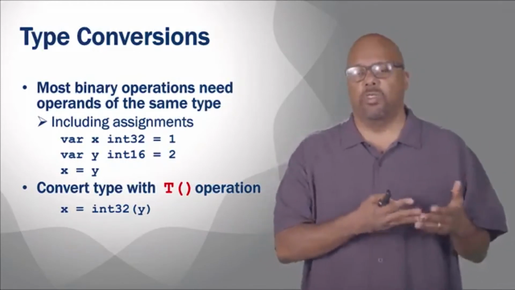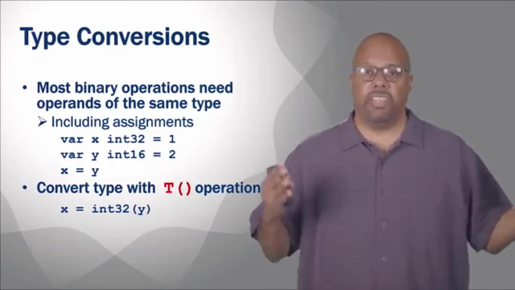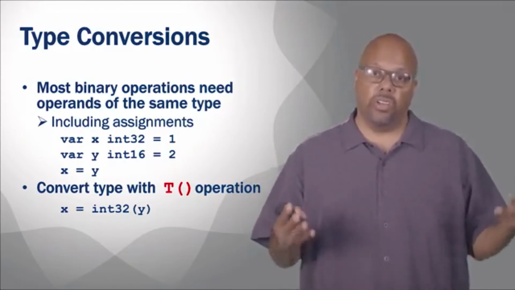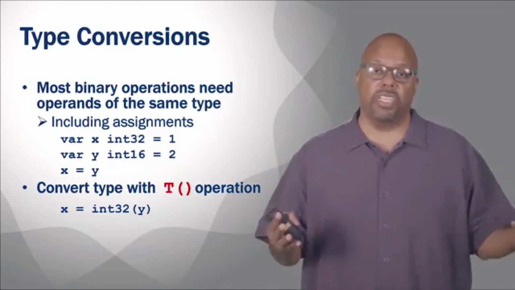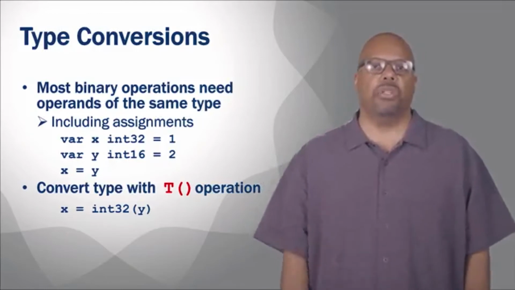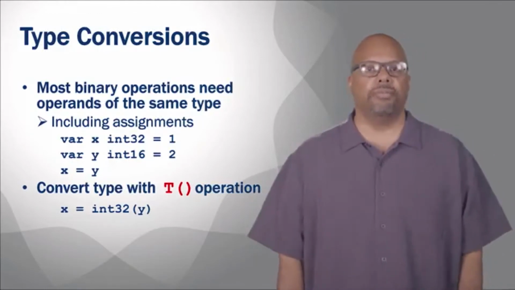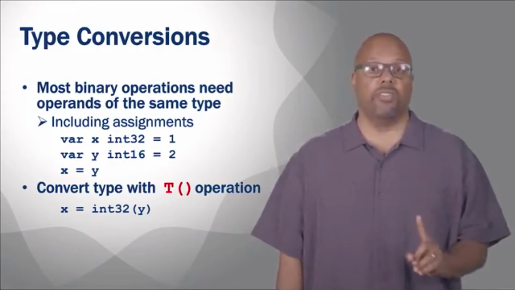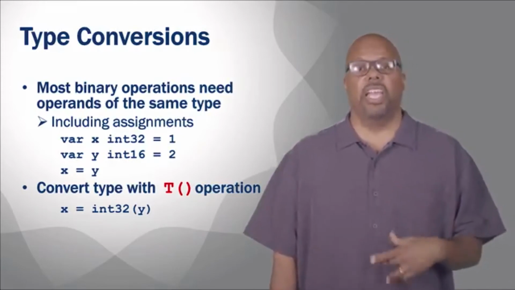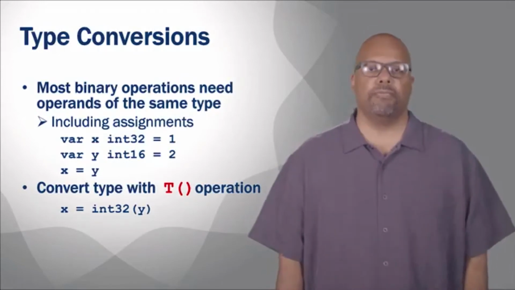If the sign bit's a 0, meaning it's a positive value, it just puts 16 0 bits in the high bits, which gives you a 32-bit number that is also a 32-bit representation of 2. So this is a possible conversion, and it's easy to do, so you just use this int32 function. Note that there are other type conversions that you can't do so easily, and it will fail on those, but some of them are possible, like this one.